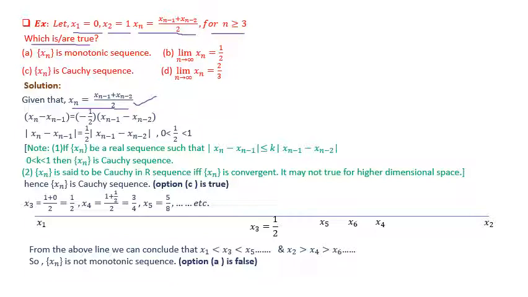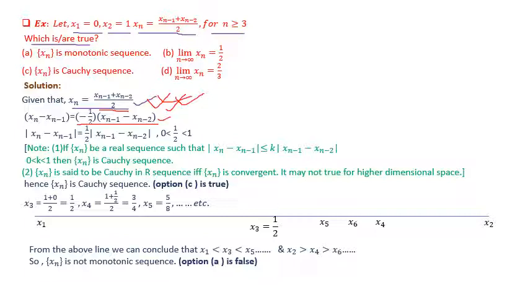So xn minus xn minus 1 equals (xn minus 1 plus xn minus 2) by 2 minus xn minus 1. After calculating the right hand side, we will get minus half of (xn minus 1 minus xn minus 2). You can check it.